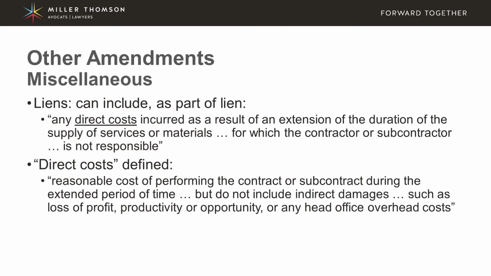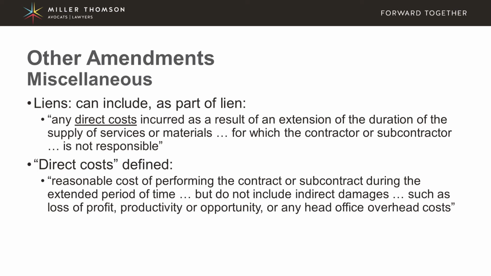Some other amendments are that liens can now include any direct costs as a result of delay. Now, the way things currently stand is technically claimants are allowed to claim for delay, but it's not specified in the statute that they can do so. But it's known amongst construction lawyers that as long as you're only liening for hard costs, you can actually lien for delay.